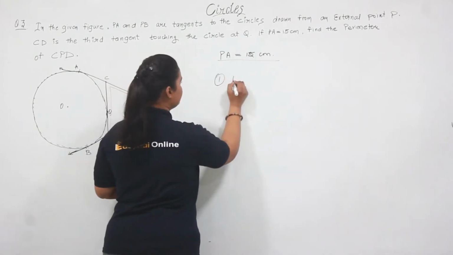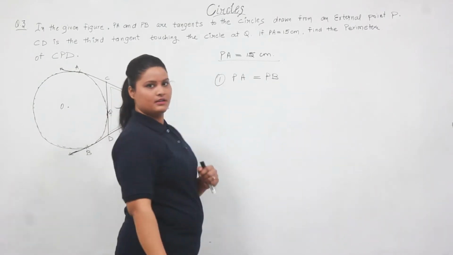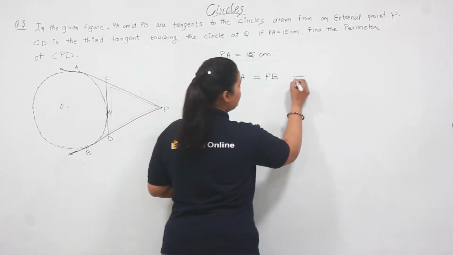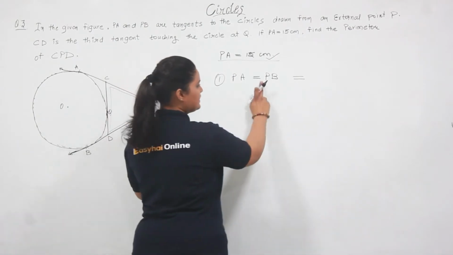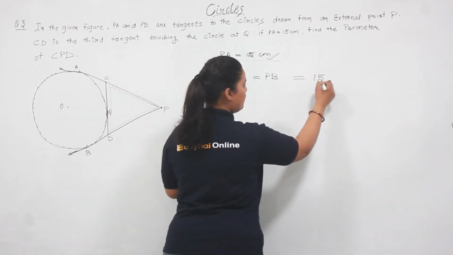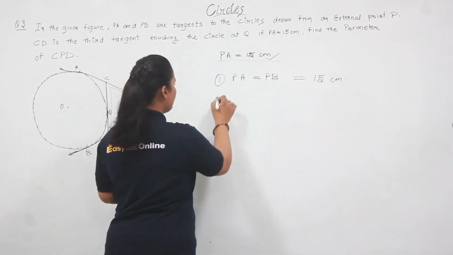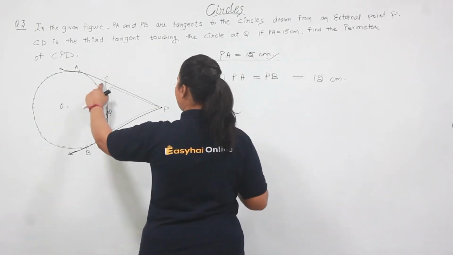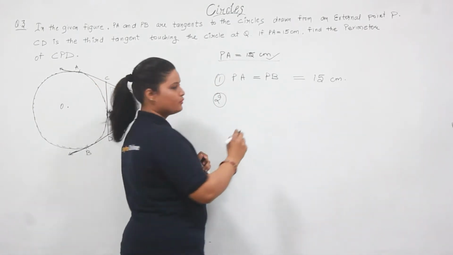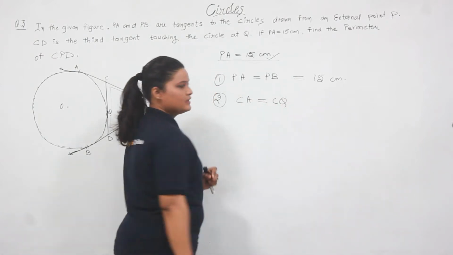So let me write all these tangents which are equal to each other. Number 1, PA is equal to PB, and it is given that the length of PA is 15 centimeter. That's why I can say PB will also be 15 centimeter. Now second, from point C there are 2 tangents CA and CQ, correct? I can write CA equals CQ.